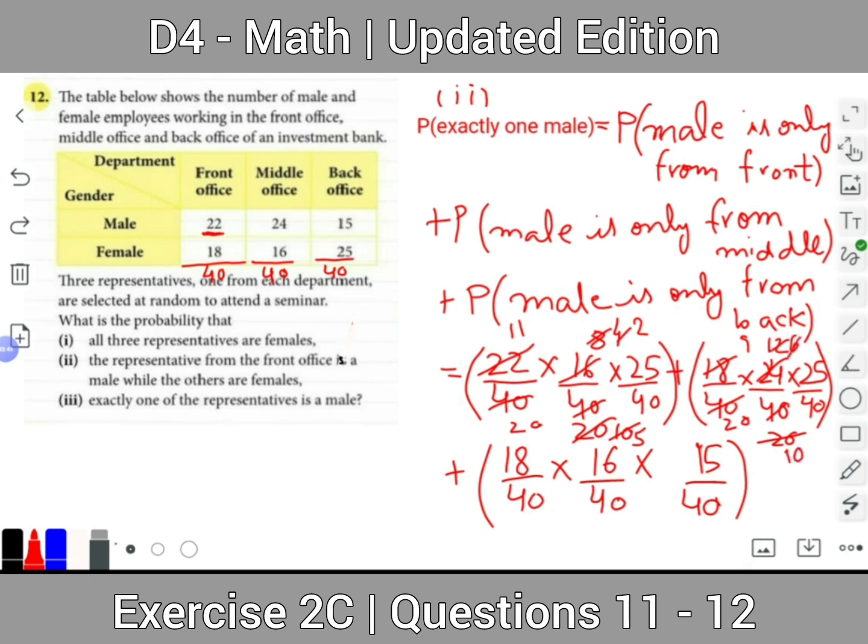Now here we have further 2 3s are 6 and 2 5s are 10, so 3 over 5, and we can further simplify it. So here we have 5 5s are 25, and here we have further simplification. So here we have 5 8s are 40. Now here we have 2 9s are 18 and 2 20s are 40.